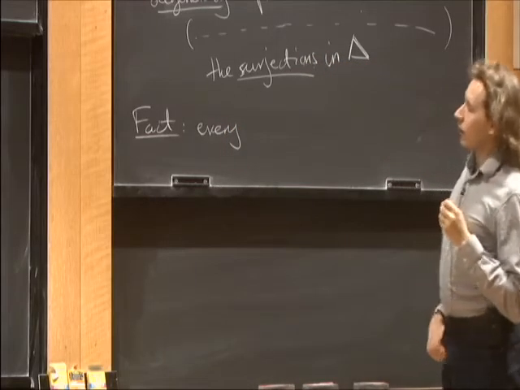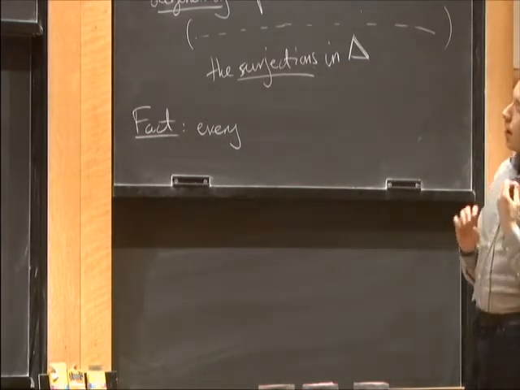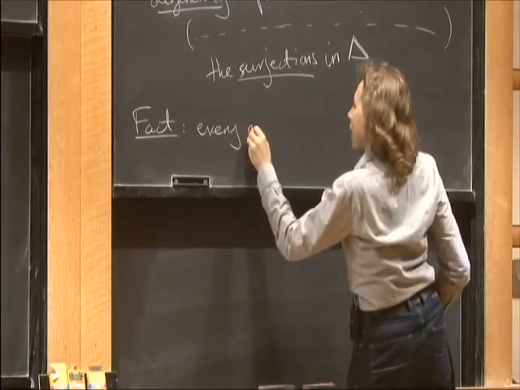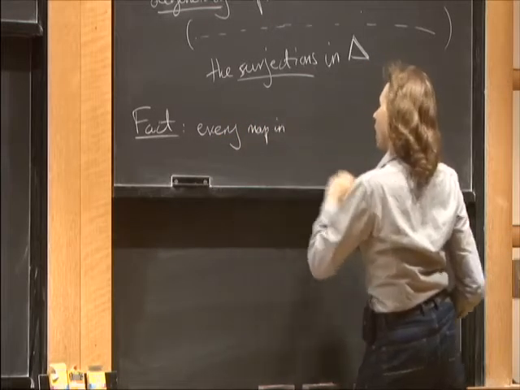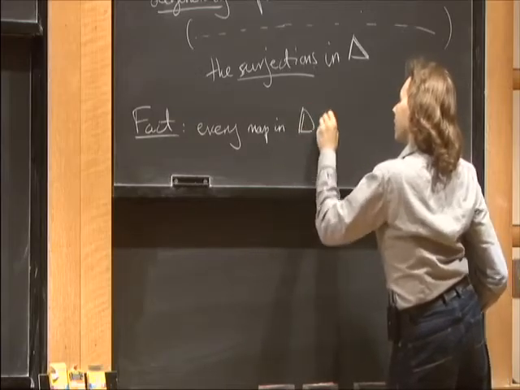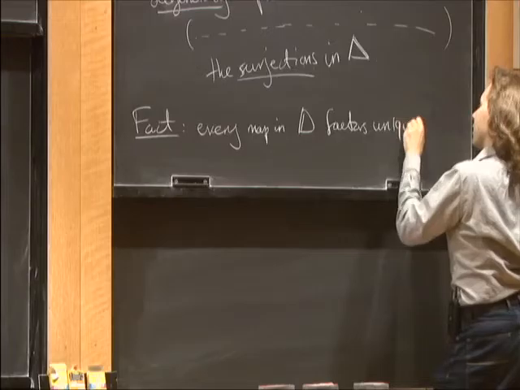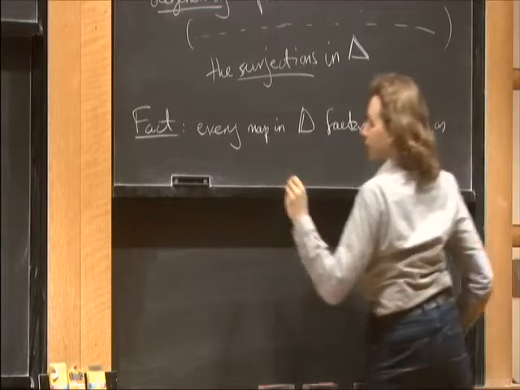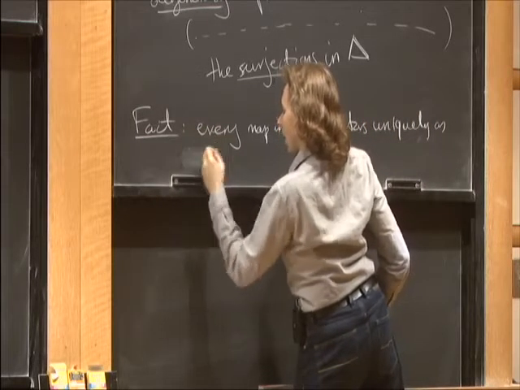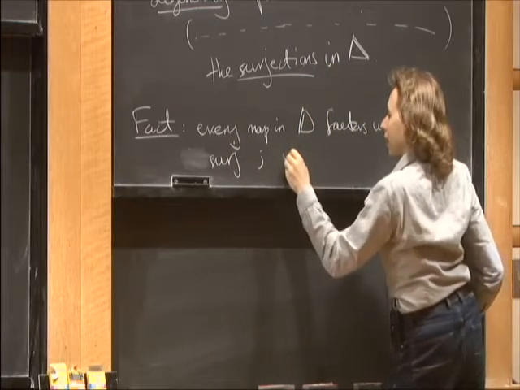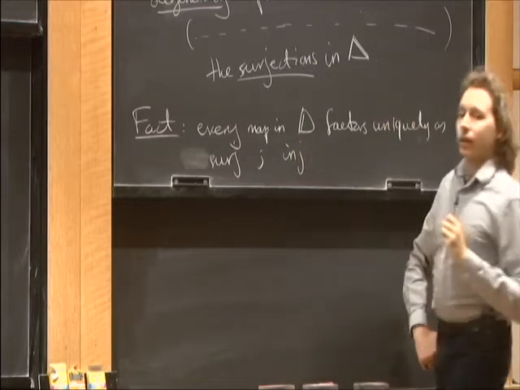And the fact which is going to come back and be of interesting relevance later, is that every map in delta factors uniquely as a surjection followed by an injection.